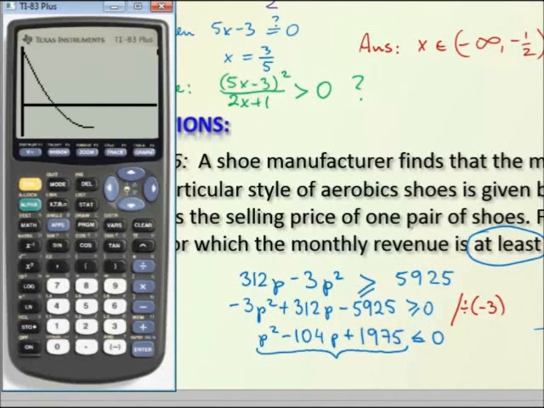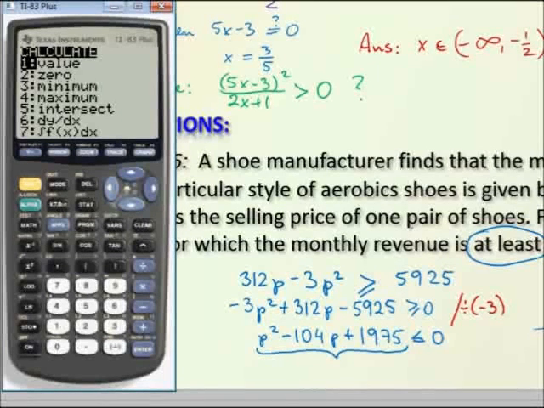So that looks good. Here we have the graph. Now to find these 2 points, this and this intercept, we can go second calc, so second trace, which recalls the calc function, and we're going to calculate zeros, so push 2. You can do it by using arrows, highlight the 2 and enter.